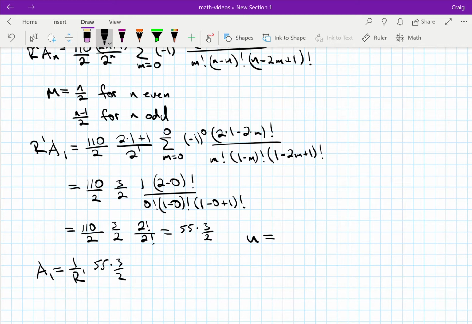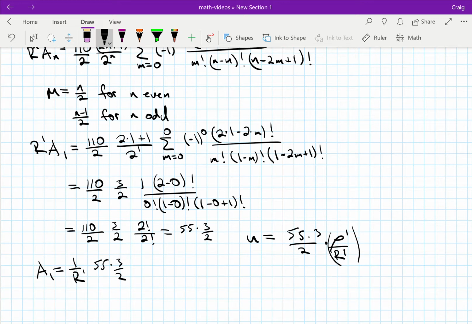So the first term in my expansion for u would be 55 times 3 over 2 times rho to the 1 divided by r to the 1.